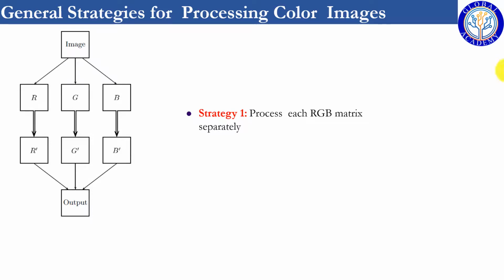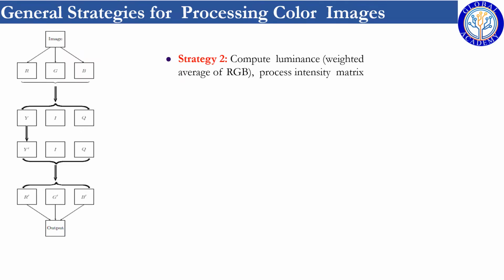So the general strategy for processing color images is to convert the image to RGB and then apply any algorithm on the R component, G component and B component, then convert it into an image once again. The other, which is in fact the better strategy, is this: as we know, images are usually saved as RGB images.